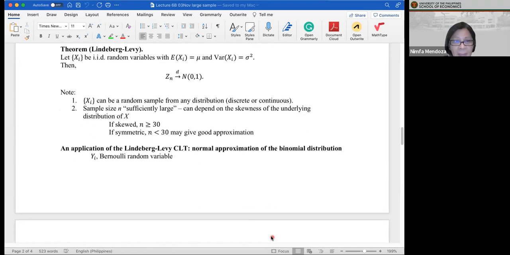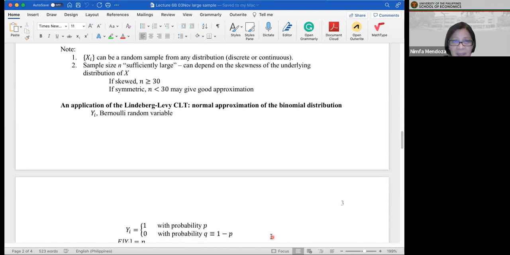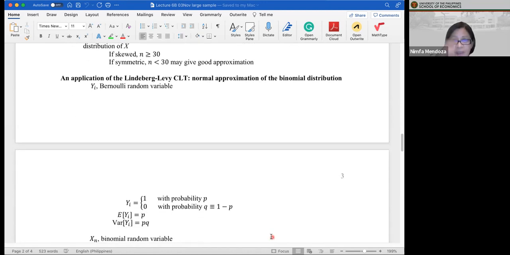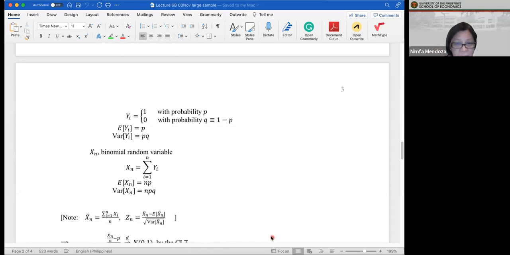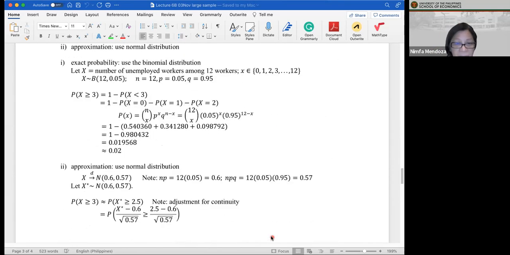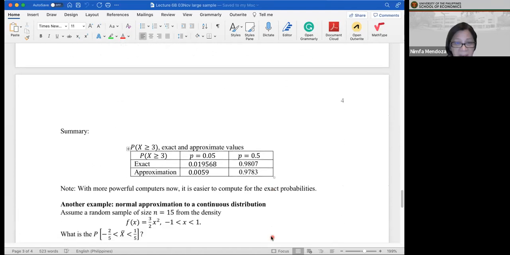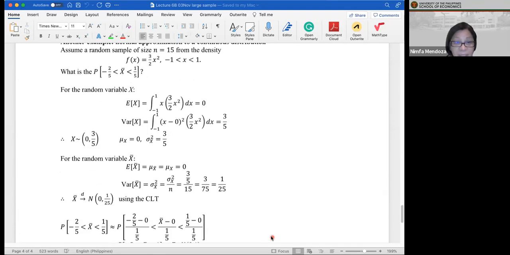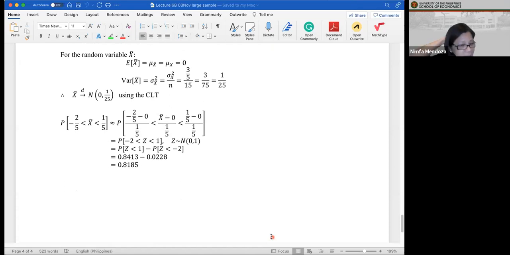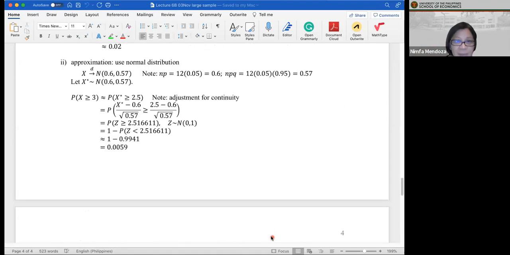So an application of the Lindeberg-Levi central limit theorem is the normal approximation of the binomial distribution. There are other versions of the central limit theorem, which I did not give you.